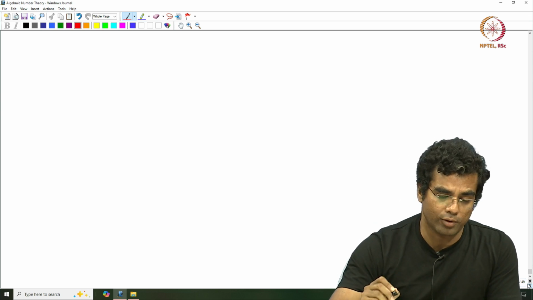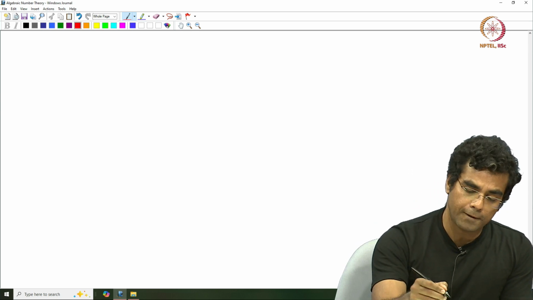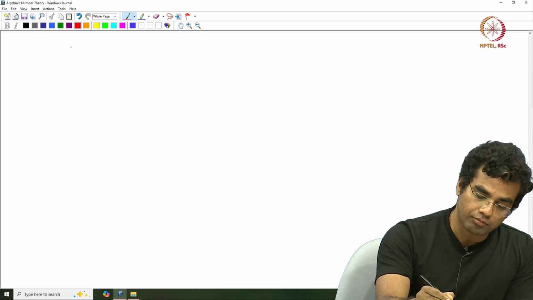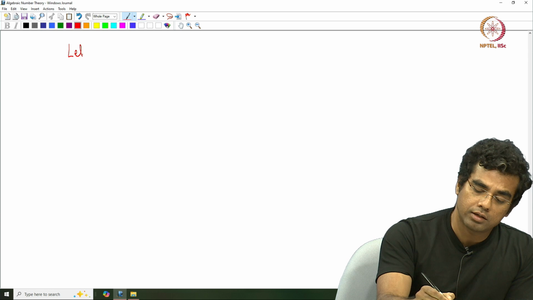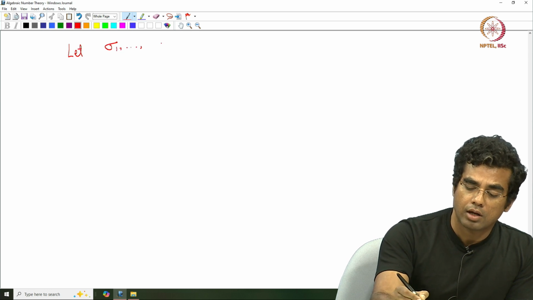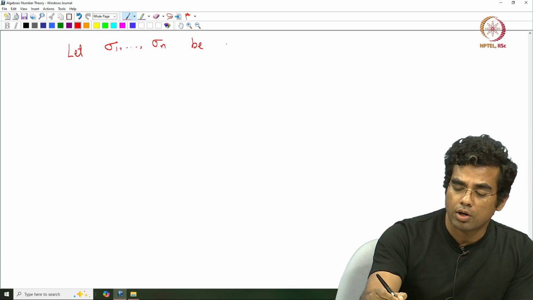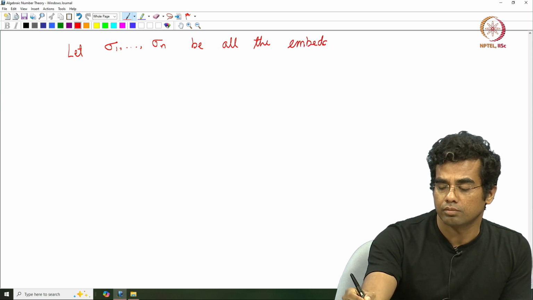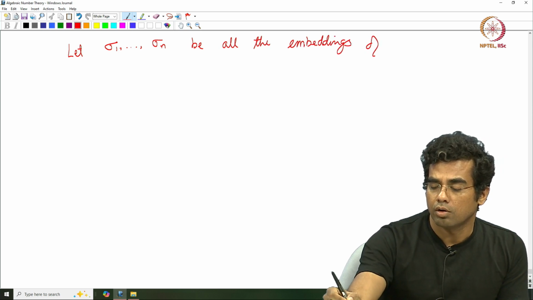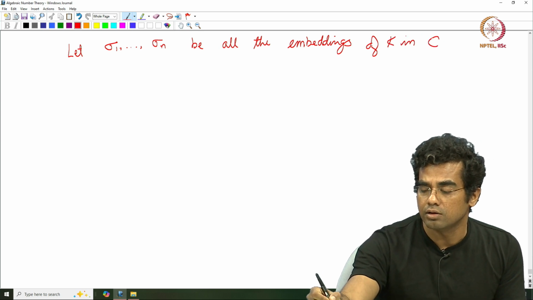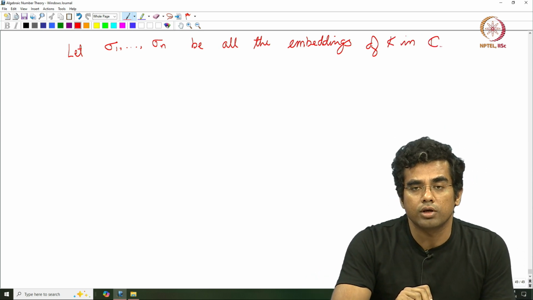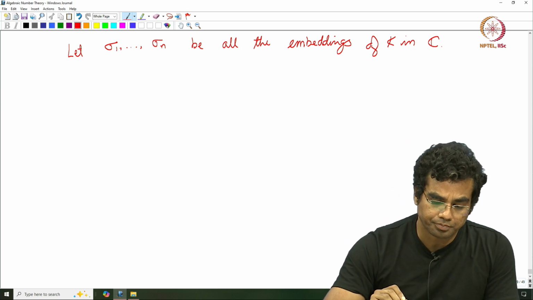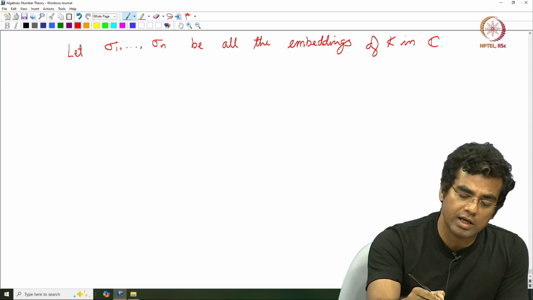So, we are going to do the following. Okay. So, let sigma 1 up to sigma n be all the embeddings of K in C, right. K has degree n over Q. So, there will be exactly n embeddings. Out of this there are some real embeddings. Okay.